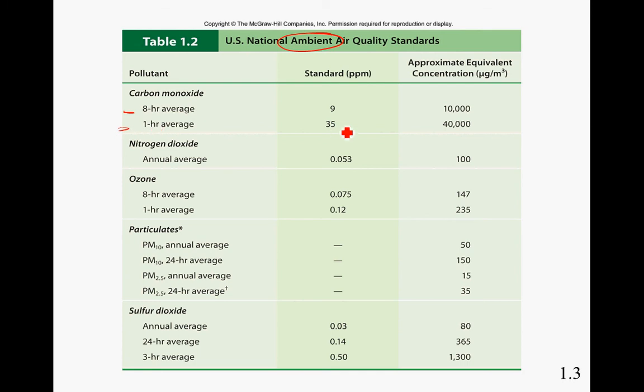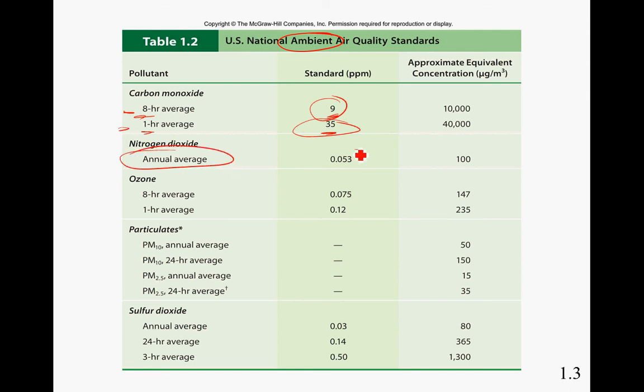The 1 hour, the concentration is higher than the 8-hour. That's because since you're only in it for 1 hour, you can have a little bit more exposure to it. You have a little bit more time, have a little bit higher concentration. If you're going to be in it for a very long period of time, that concentration has to be really small. There's other ones, such as nitrogen dioxide, which gives you an annual.